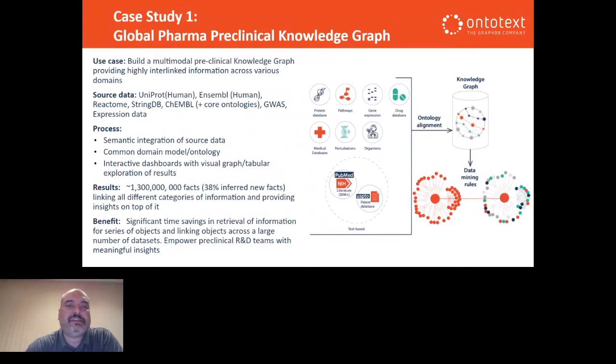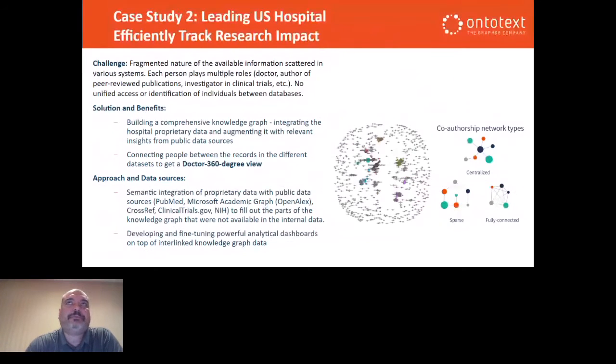The second use case is developed together with one of the biggest US child hospitals, and actually for their research institute. It's more or less a Doctor 360 view over the research scientists in their research institute. Usually the information about the research for each medical professional is scattered around different systems and data sets, starting with the internal data sets in which they have partial information of the publications and the work done by the researcher.